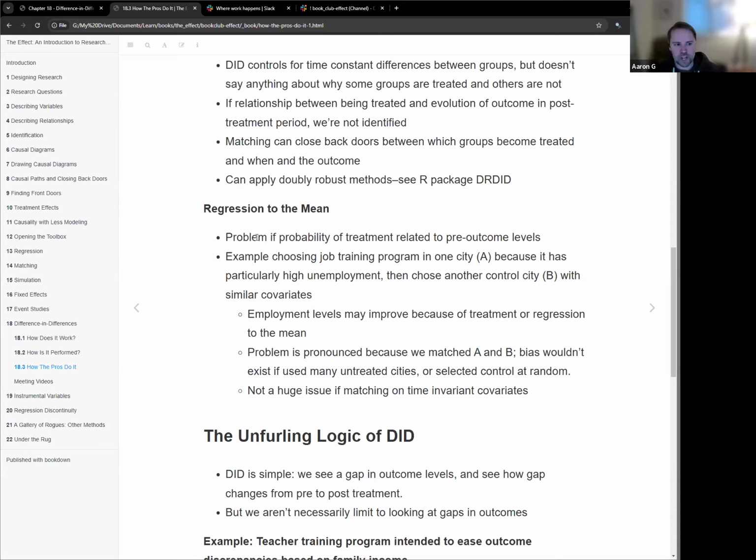And so there was a call out in the chapter that if you are matching, specifically when you are matching two cities in this case on covariates, this regression to the mean problem really can be significant here. So something to watch out for there.